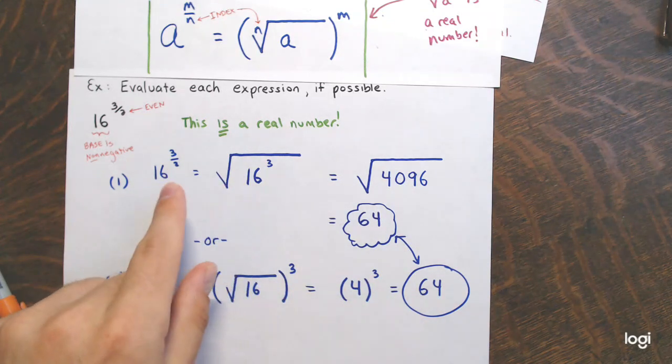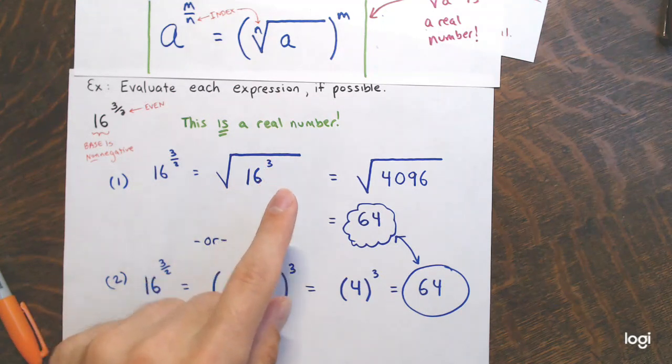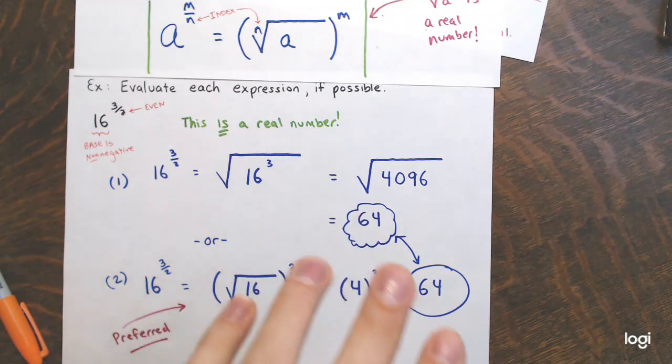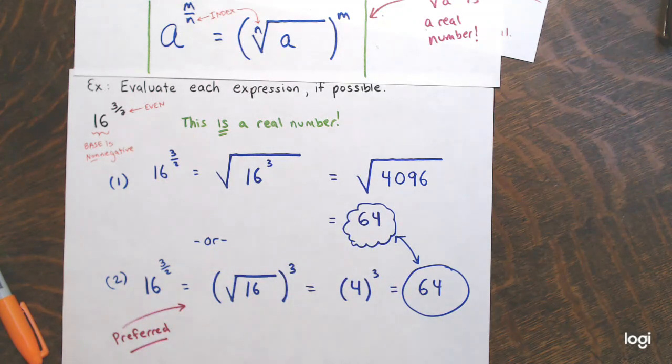The other way around, when I did 16 to the third first, gave me some really large number. And I wouldn't want to do that by hand. 16 times 16 times 16. It might not take that long, but still, it ends up with larger numbers than I'd like. So I actually prefer myself personally, taking the root first, using the denominator first, and then raising to that numerator power.